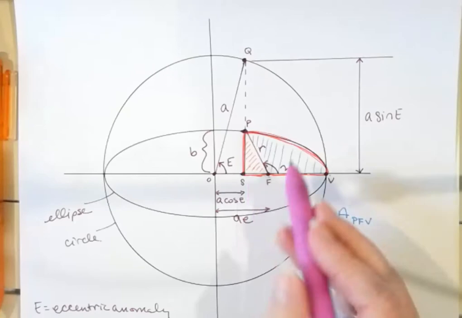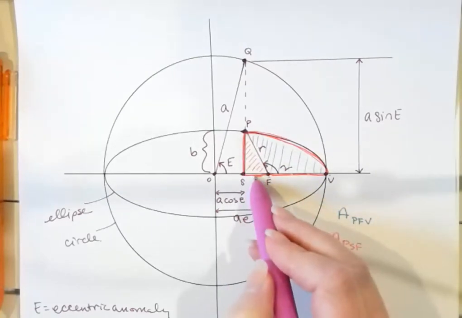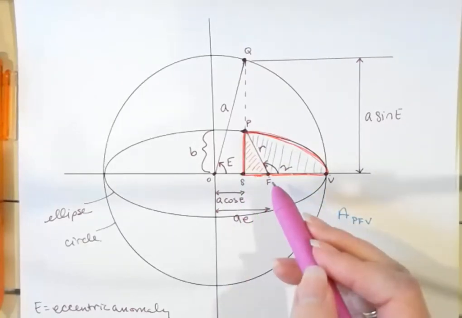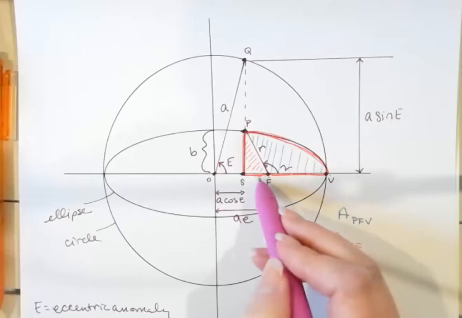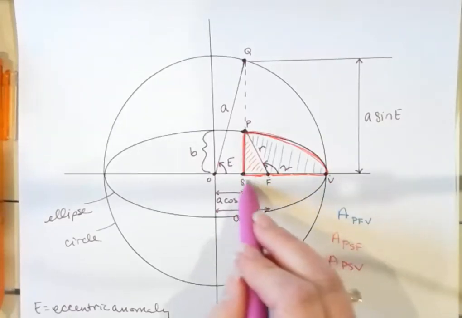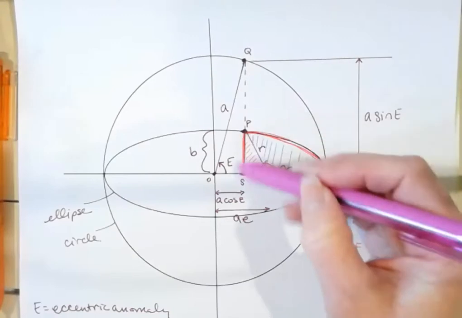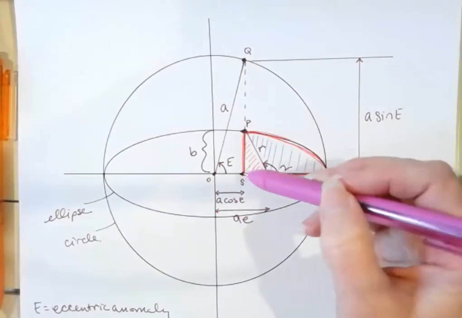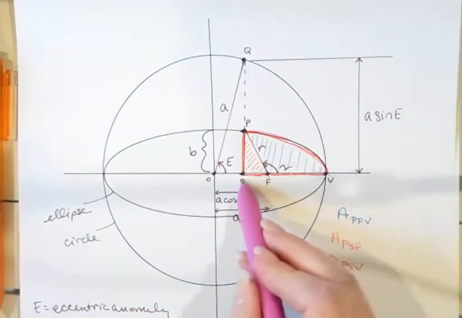That's basically a triangle, and the area of a triangle is 1/2 base times height. So we need to find this leg of the triangle, and then this leg of the triangle right here. This one is easy to find.